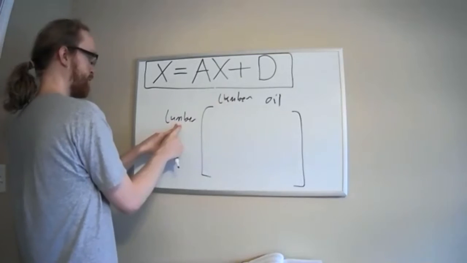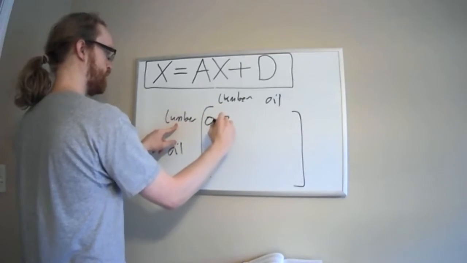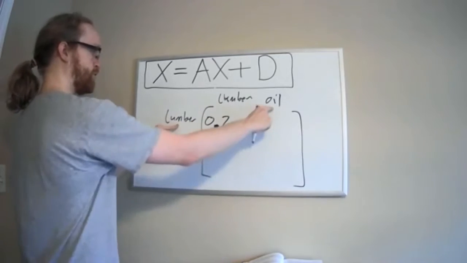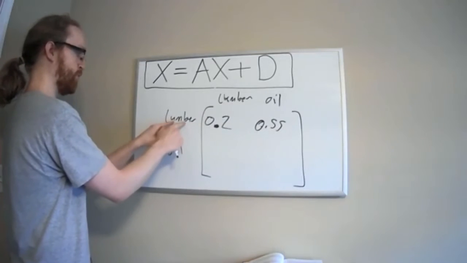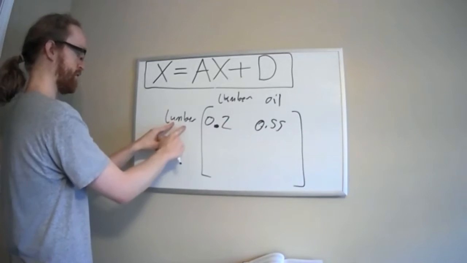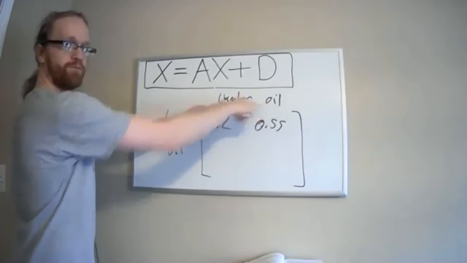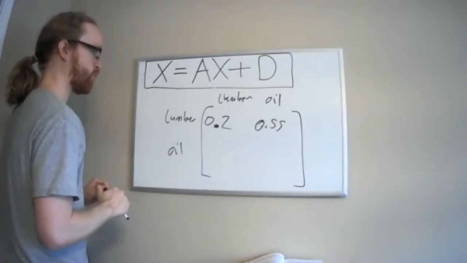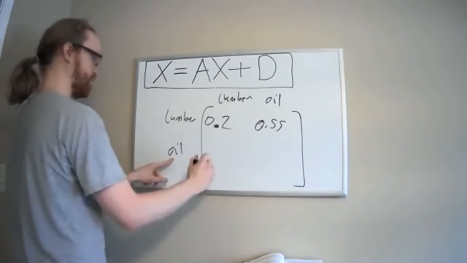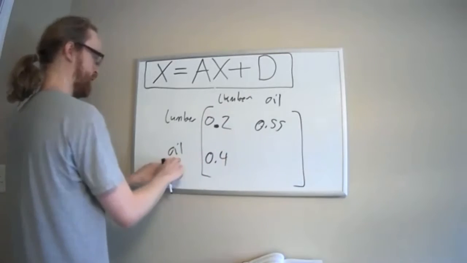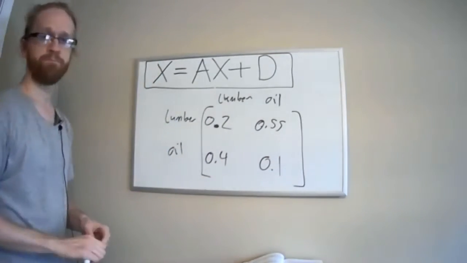The amount of lumber it takes to produce 1 lumber was 0.2, and the amount of lumber to produce 1 unit of oil was this 0.55. So the order matters. You should label the rows by the goods and ask, how much of this good did it take to produce this good? That'll give you the correct ordering. Again, in our technology matrix, the amount of oil to produce 1 unit of lumber was 0.4, and the amount of oil to produce 1 oil was 0.1. So it should be this.